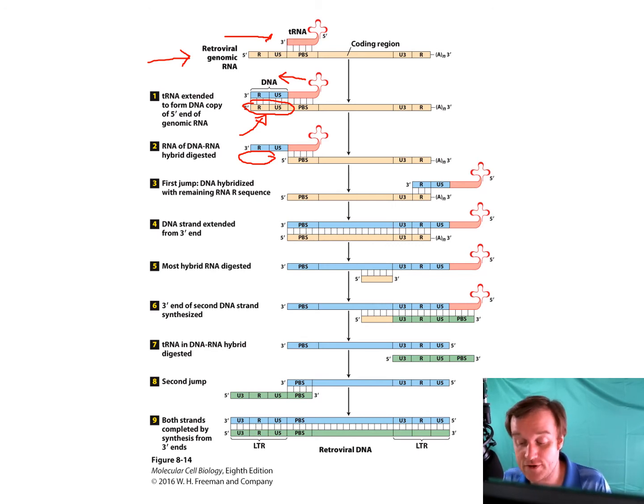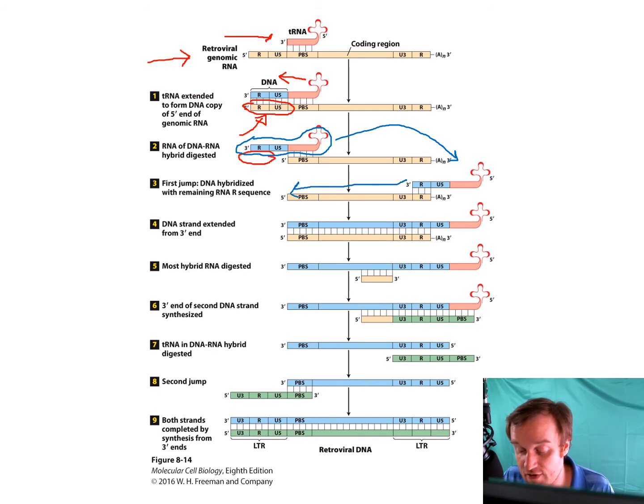And now we have our first jump. So this complex of tRNA and the synthesized DNA jumps over to the opposite side, and the R site binds to the 3' R site of the RNA. And from there, because the synthesis of DNA can only read the template in the 3 to 5 direction, this DNA is able to finish synthesis of our retroviral gene, as you can see here.